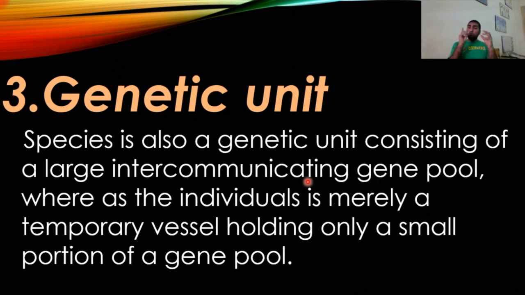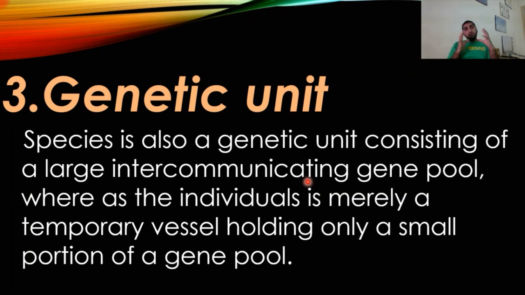The one individual is merely like a vessel. He is holding a very small portion of that gene pool, the whole continent of Asia. He is a temporary vessel, holding a very small portion of that total gene pool.